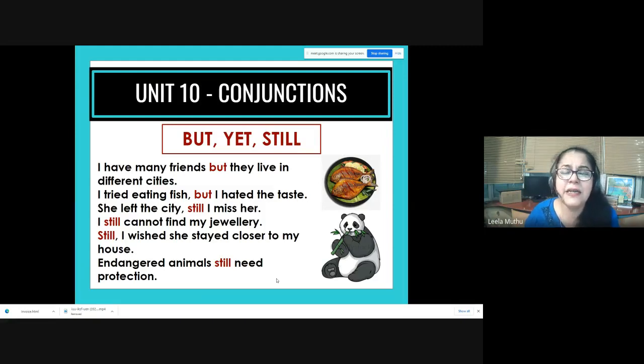Still, I wish that she stayed closer to my house. Endangered animals still need protection. It means it should be an ongoing thing, they always need protection. So we use the conjunction still to show the wanting for something or that an ongoing action is happening.